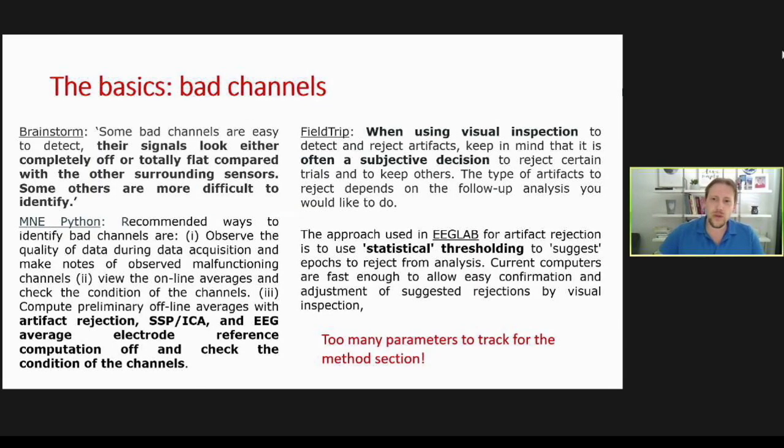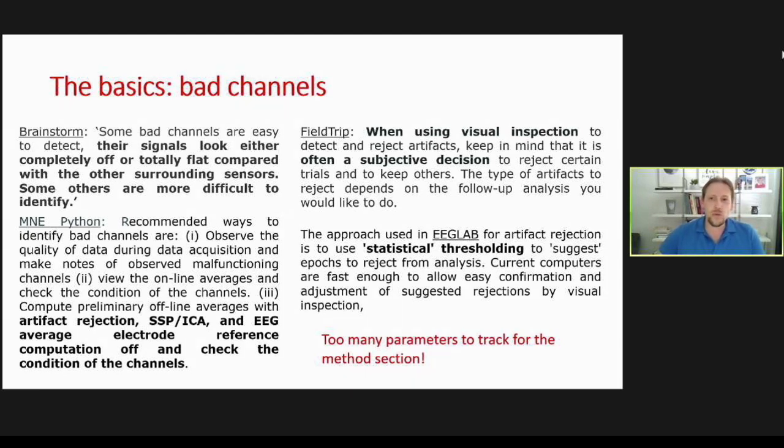Here are some recommendations that I took from the websites of the tools that we are using. Brainstorm says the original signals for a bad channel would be completely off or totally flat compared to the surrounding sensors, but also some bad channels are more difficult to identify.